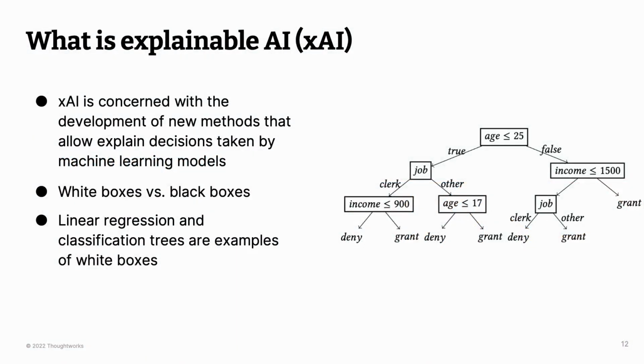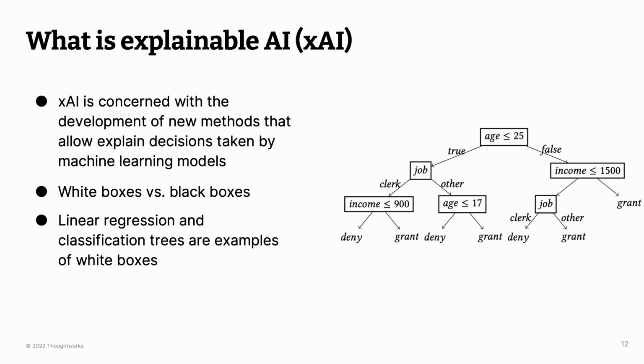So what is explainable artificial intelligence, or XAI? XAI is about methods that allow explaining the decisions that are taken by machine learning models. Because we can say for many machine learning models, the output is decisions, no? Classification or decisions.